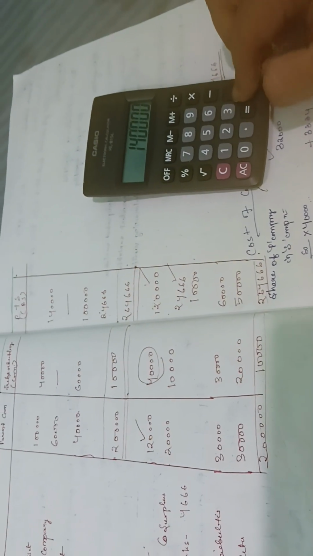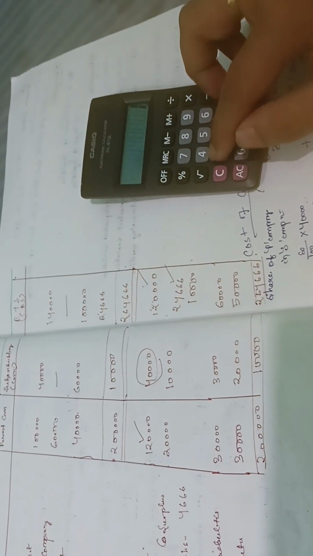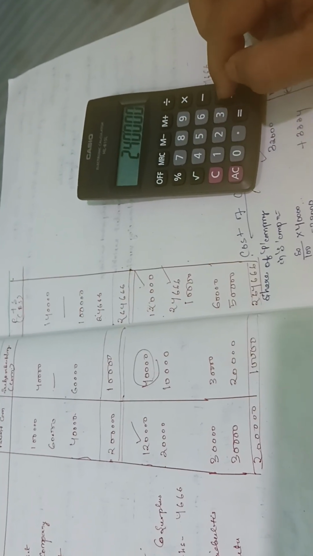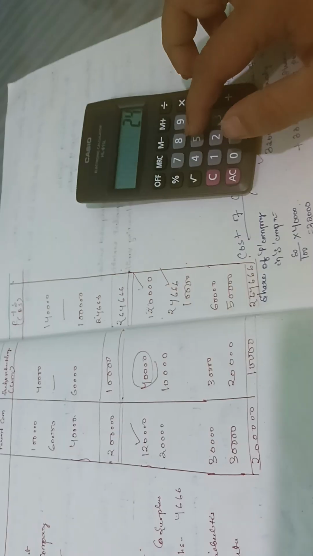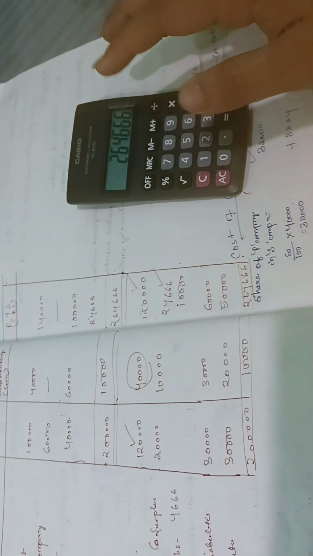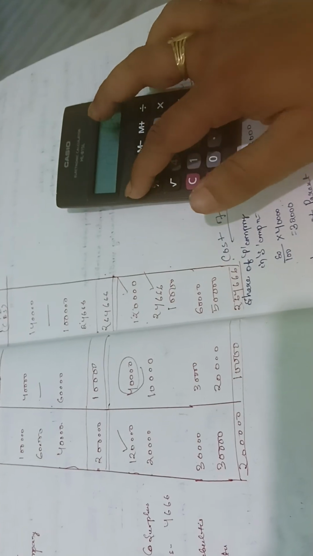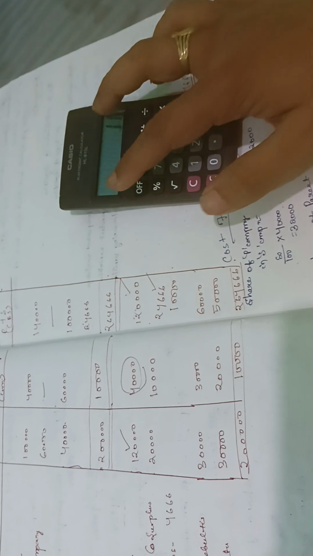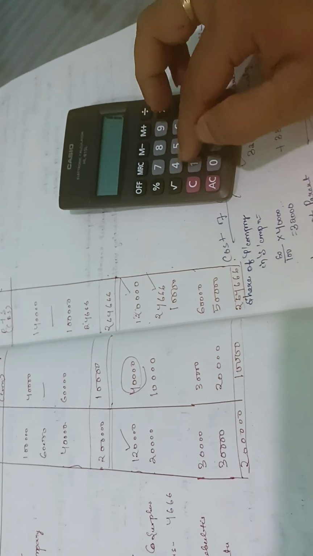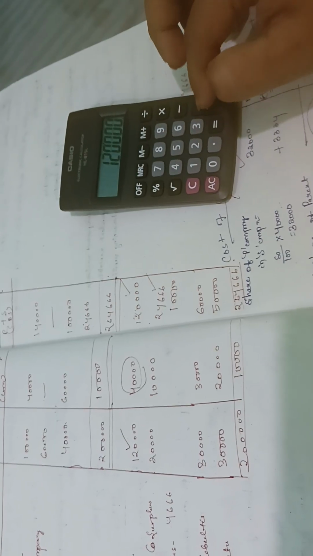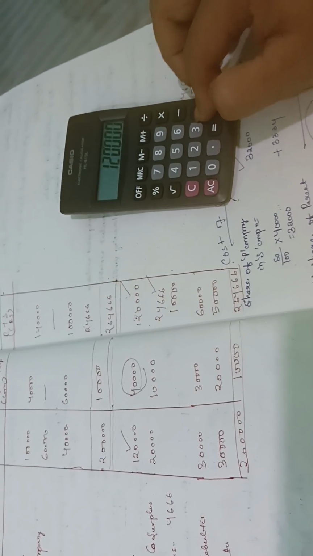We will test this. This is the asset side. How much is the liabilities side incurring? 1,20,000.